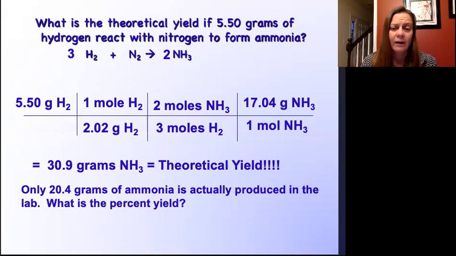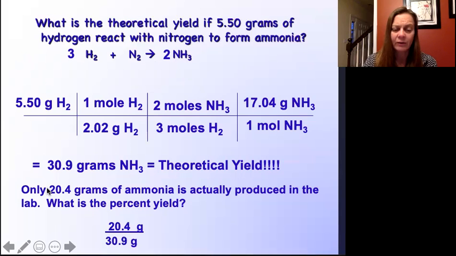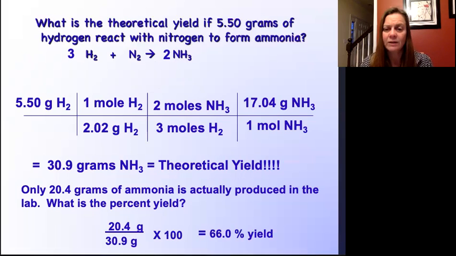However, we only captured 20.4 grams of ammonia in the lab, and we want to know what is our percent yield. So we're going to take this number, that's the actual, the 20.4 grams, and we're going to divide that by the theoretical yield, which is 30.9 grams, multiply it by 100, and we have a 66.0% yield.